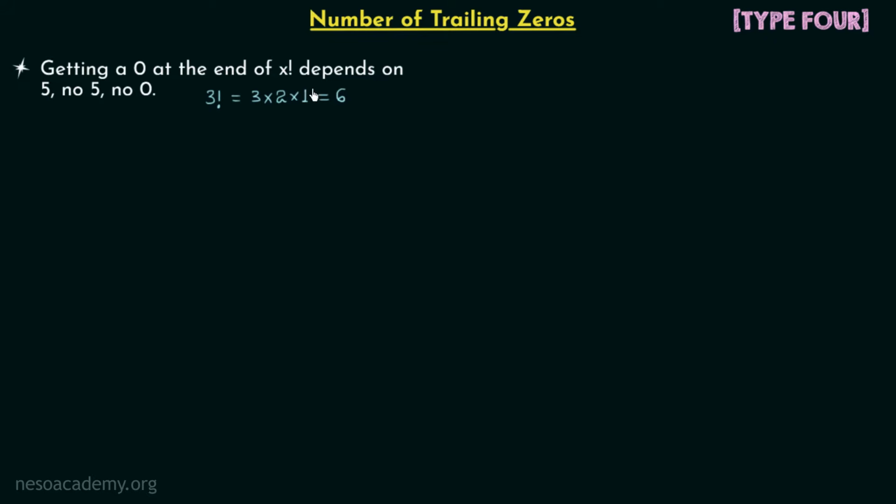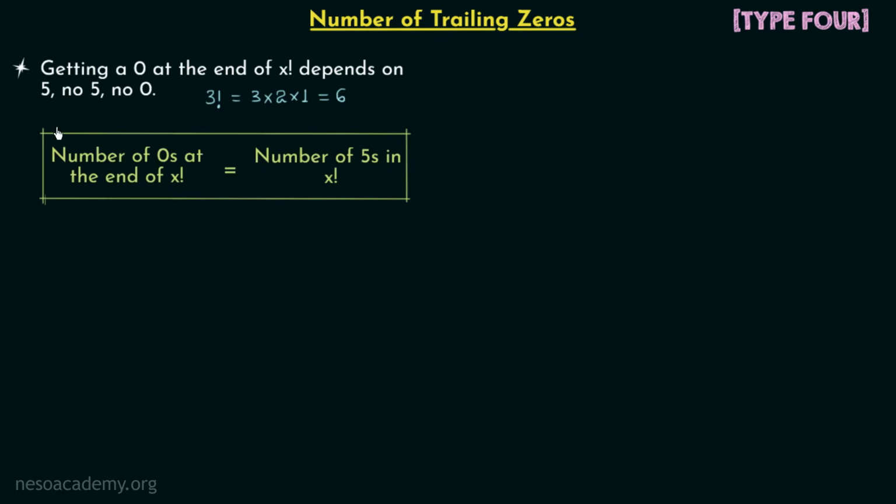When you see the expansion, you will find there is no 5 in the expansion and hence there is no 0 at the end. And with this, we can conclude the number of zeros at the end of x factorial is equal to the number of 5s in the x factorial. Now we will solve few more examples to understand this better.